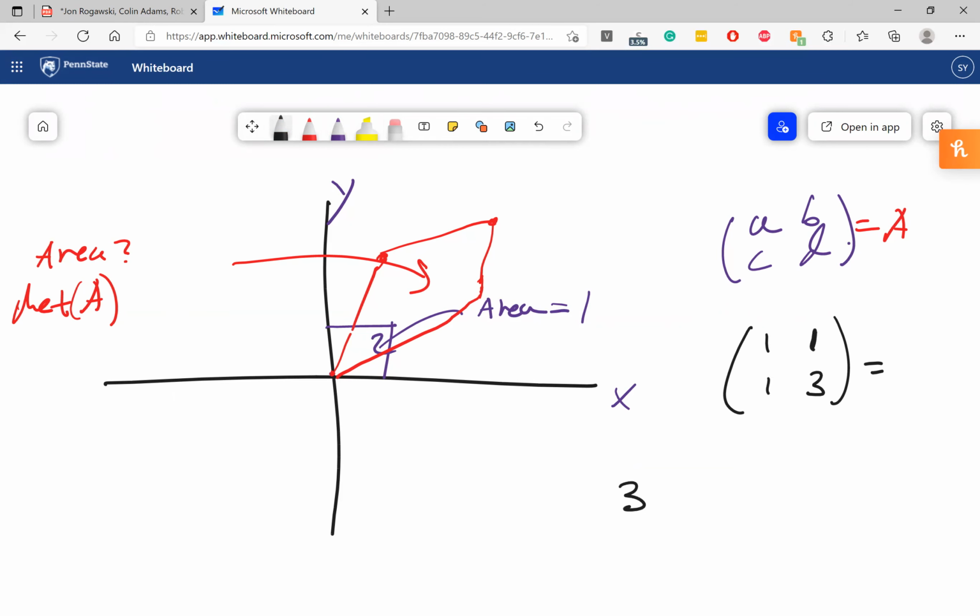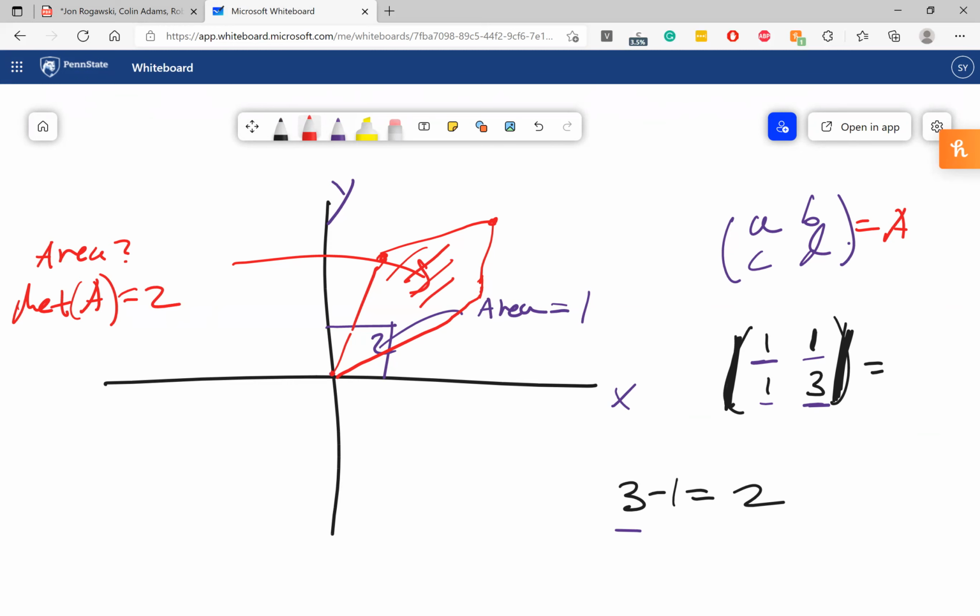So this is going to be 3 minus 1, which is 2. That's your determinant: 1 times 3 minus 1 times 1. And that tells you that the area of this new region is going to be 2. So you took a box with area 1, and now you get a parallelogram with area 2.